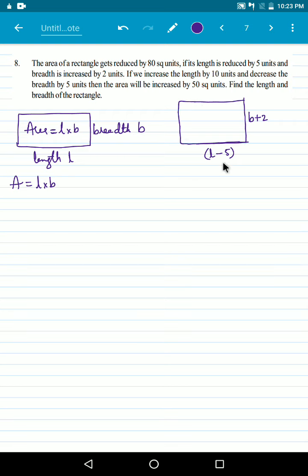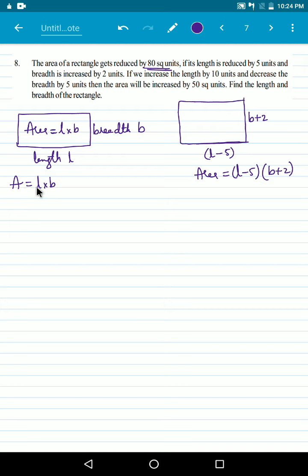Okay. Now what is the area? Length into breadth: L minus 5 multiplied by B plus 2. So length now is L minus 5, breadth is B plus 2. What is happening to this area? The area is reduced by 80.